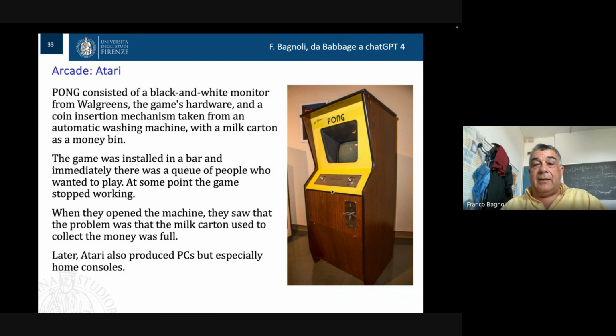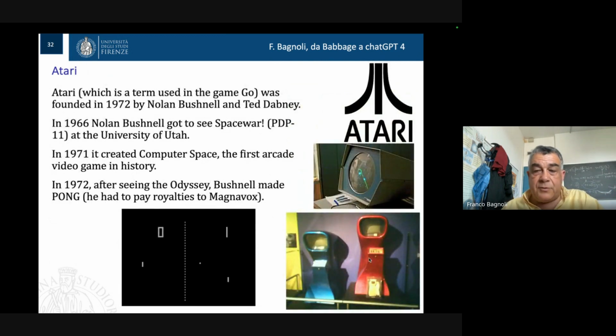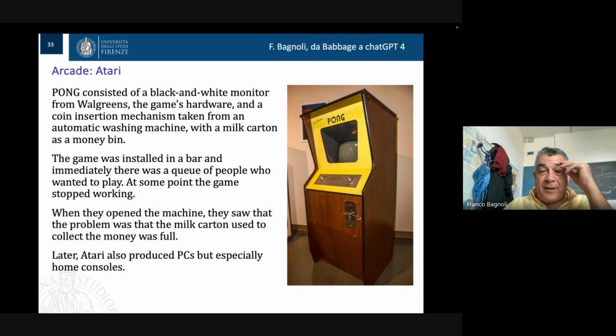And you see, the investment in making the console was quite large, because you had to build everything out of wood. Actually, you could also use plastic. One of the memories from the pioneers of arcades at Atari was that at the beginning they built the first prototype.